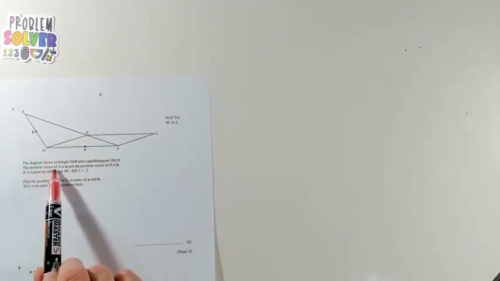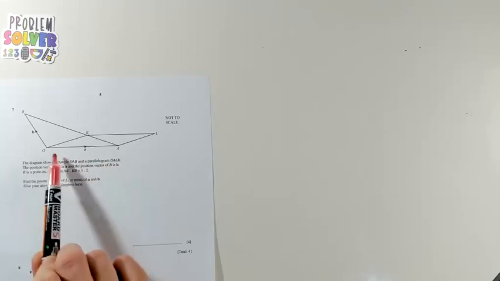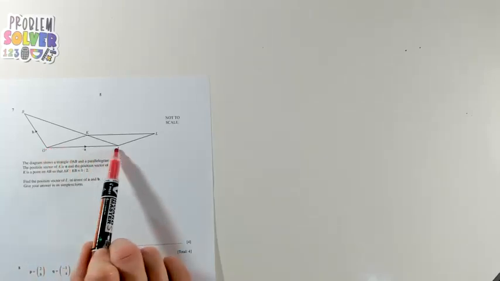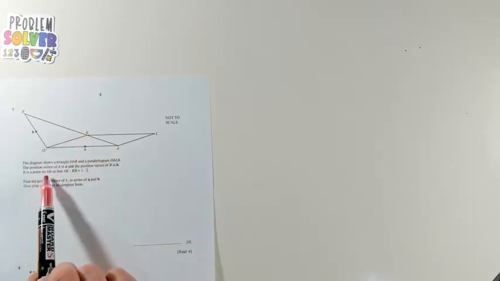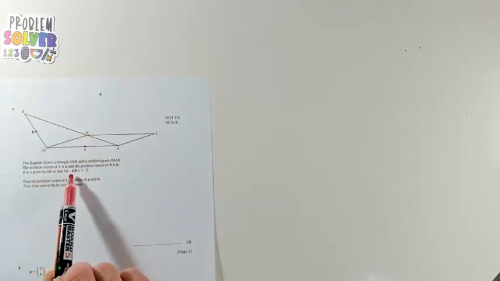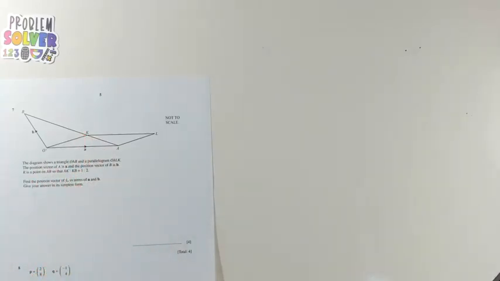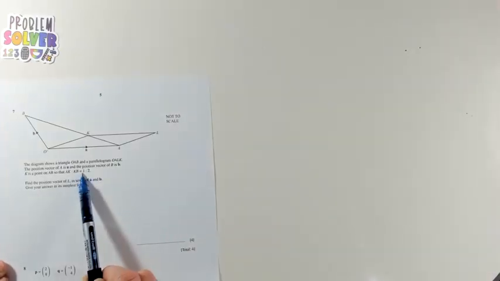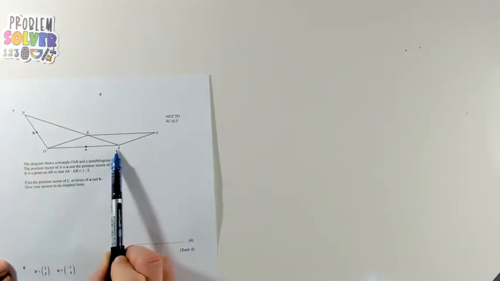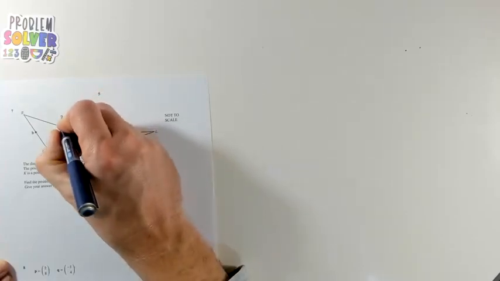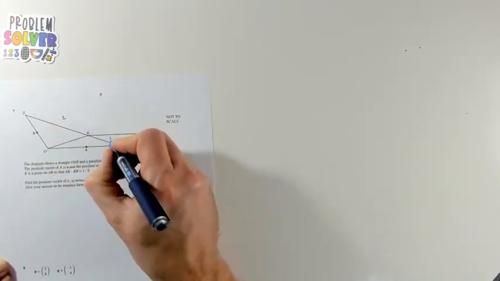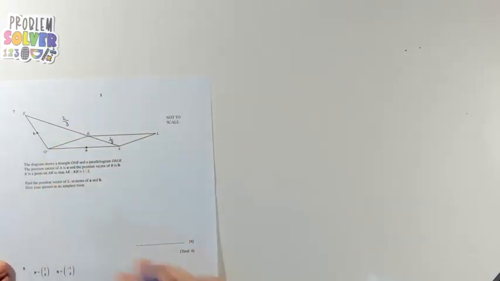The position vector of A is A and the position vector of B is B. So that is the origin going to A and to B. K is a point on AB, so that AK to KB, which I have to find, is 1 to 2. So I know AK is going to be 1 part, and that's going to be 2 parts. So if there's 3 parts in total, that's going to be 1/3, and that's going to be 2/3.